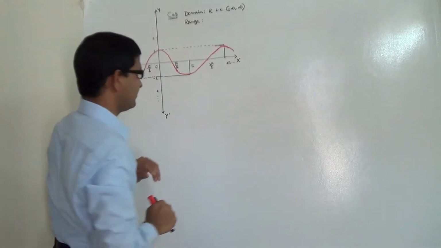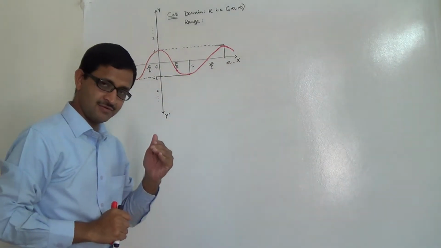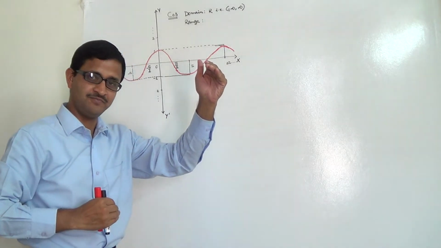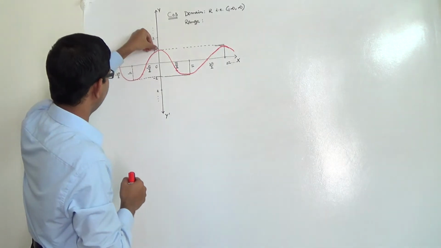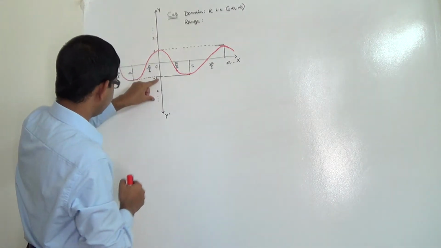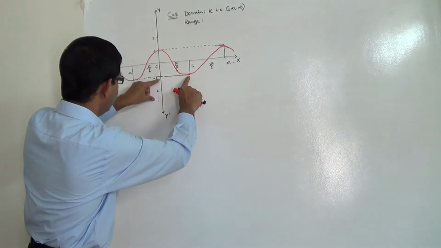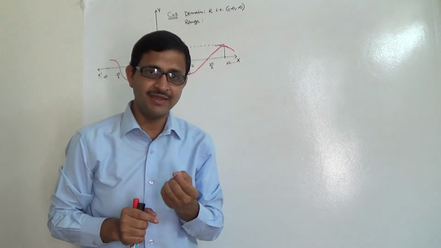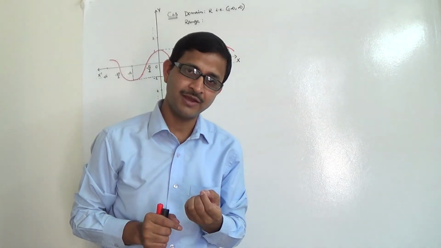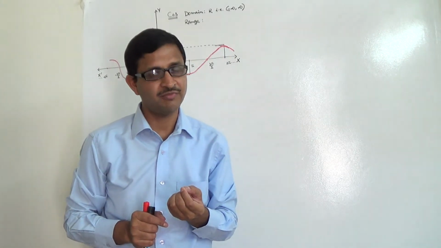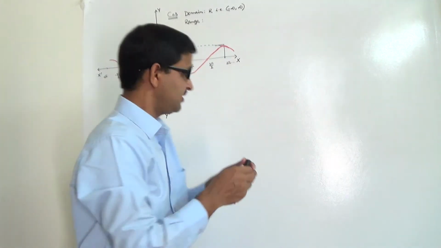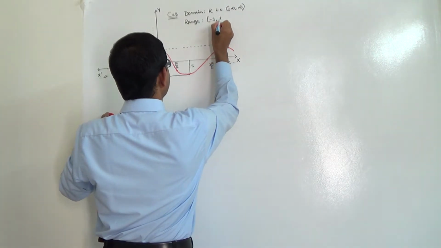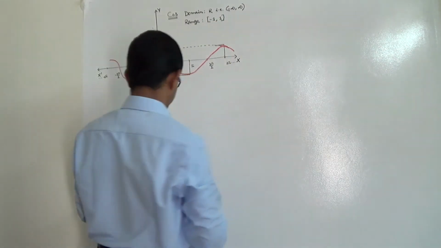But you will never find this curve going above 1 or below -1. It is never going above 1, and at the same time it is never going below -1. That means the function cos can return any value between -1 and +1, including these 2 points -1 and +1. So its range is the closed interval -1 to +1.